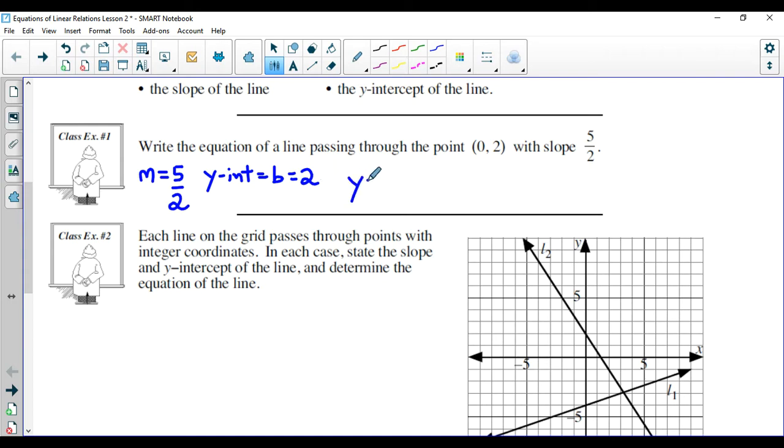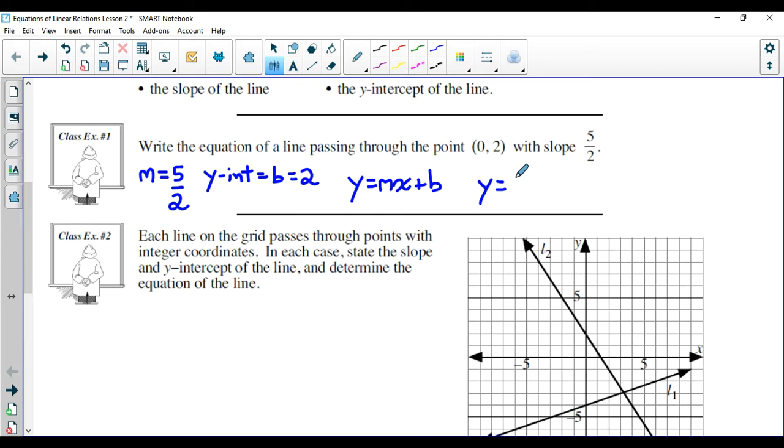Now, to put it into the slope-intercept form, we have y is equal to mx plus b. And all I'm going to do here is replace the variable m with 5/2 and the variable b with 2.